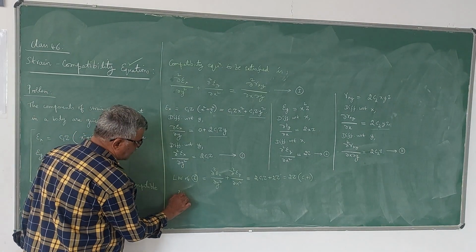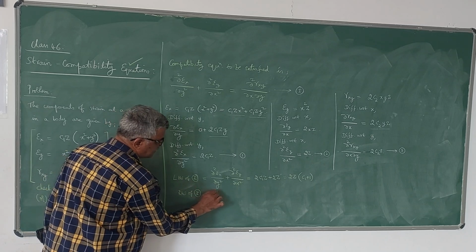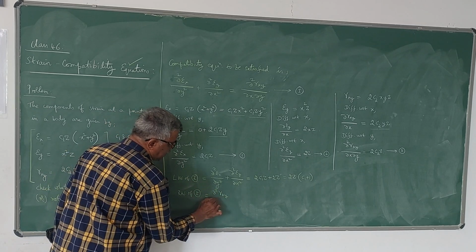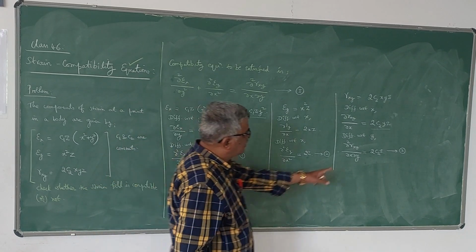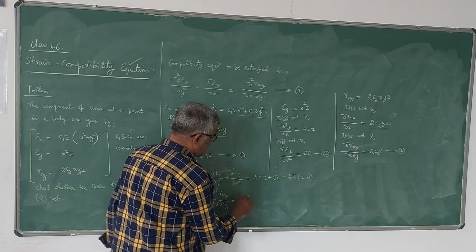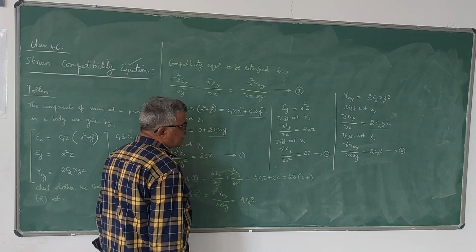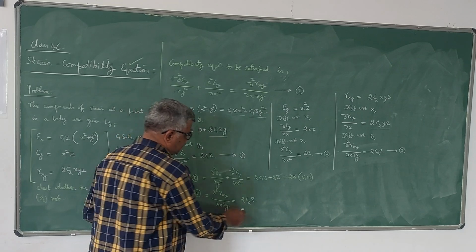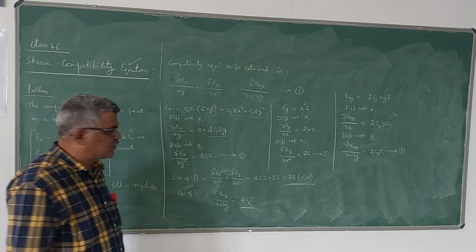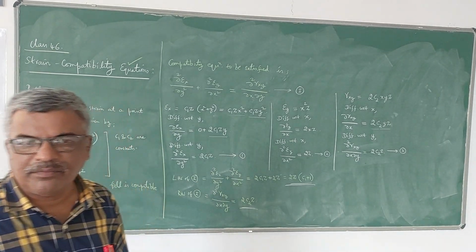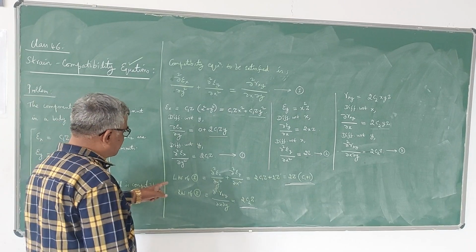What is RHS of 1? It is dou square gamma xy by dou x dou y, which we got as 2c2z. Now just compare these two. Whether they are same?